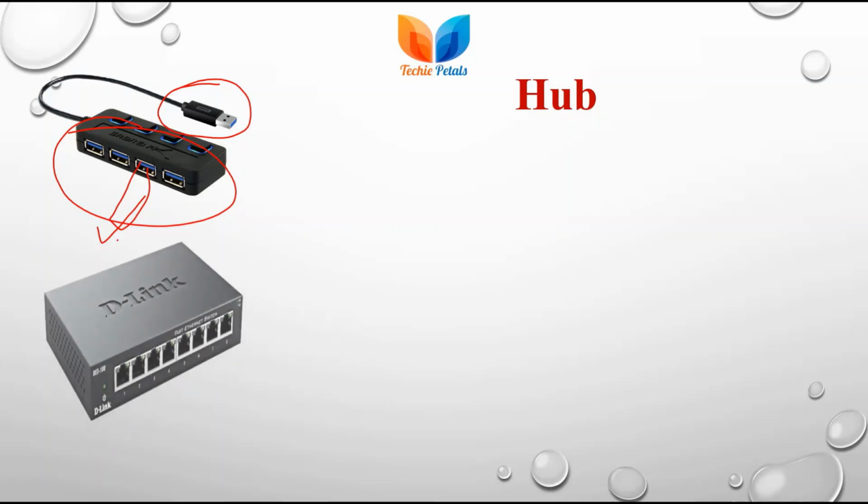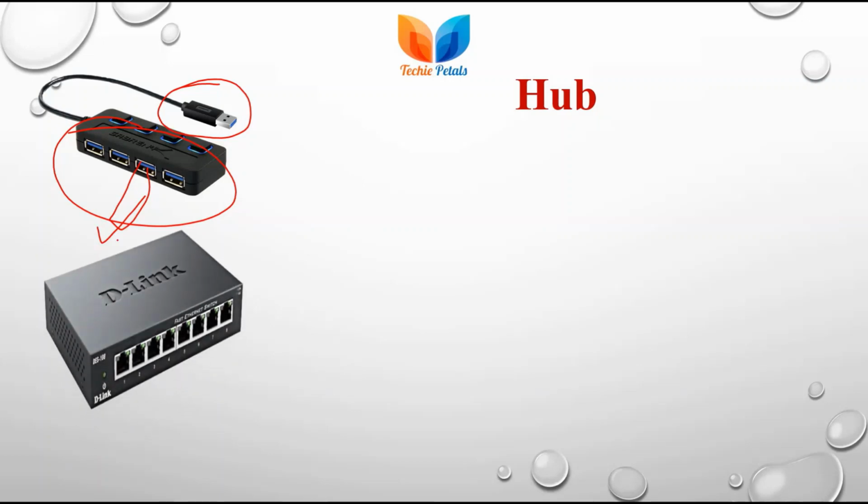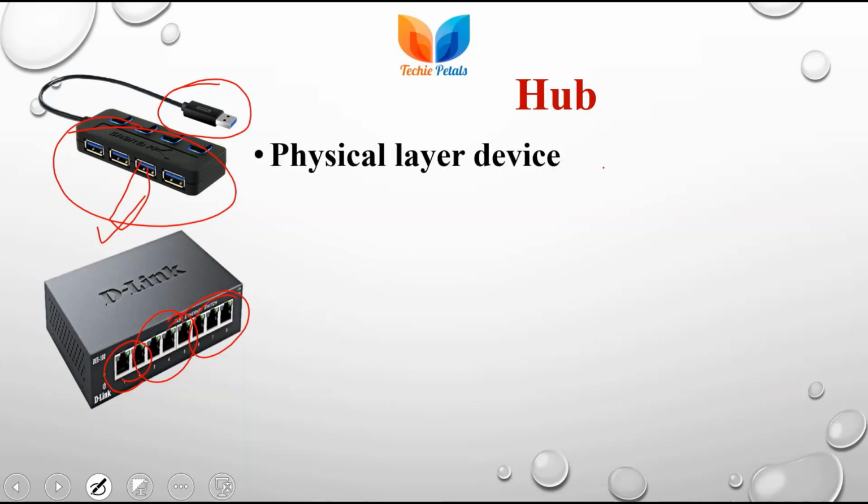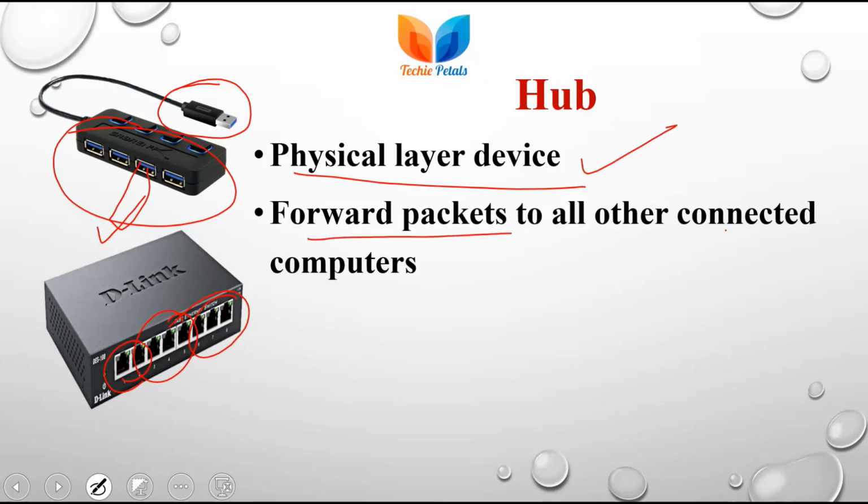For networking we have this type of hub where we have these Ethernet ports. These Ethernet ports are used to connect different devices, different nodes to the network, and those nodes can be the same or different. So the hub is a device that works at the physical layer and it forwards the packet to all connected computers. The hub does no check, it simply receives the packet from one system.